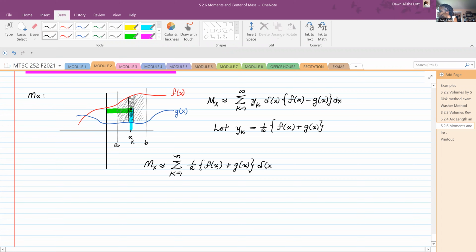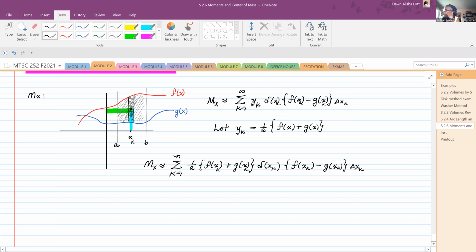These should be k's. Those should have been k's. And that's wrong. That should have never been dx. That should have been delta xk. And this now is f of xk minus g of xk times delta xk.